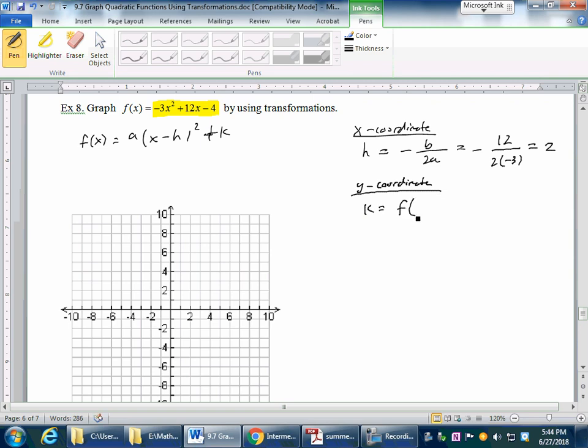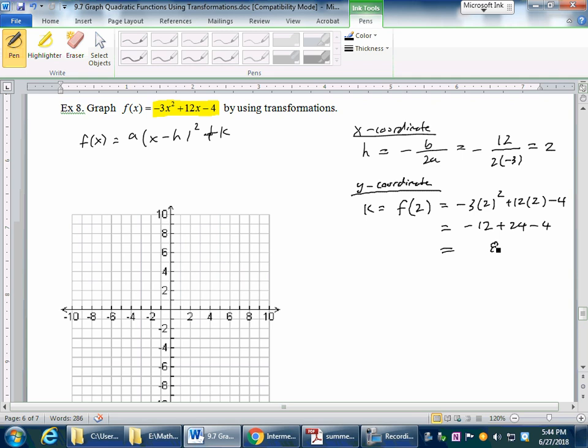That's basically the function evaluated at the x coordinate of the vertex, which in this case is 2. That is minus 3 times 2 to the second power plus 12 times 2 minus 4. That gives us negative 12 plus 24 minus 4, which is 8.